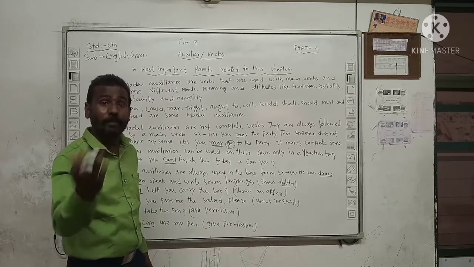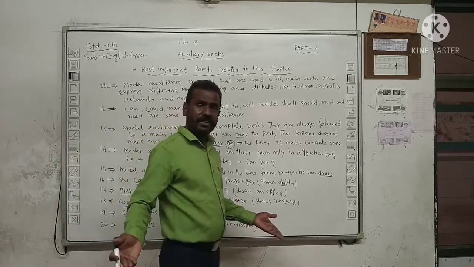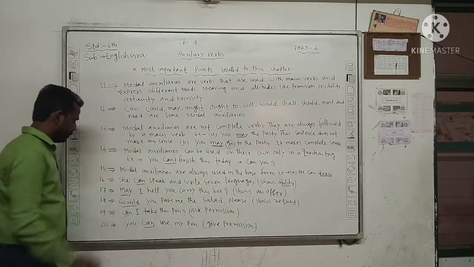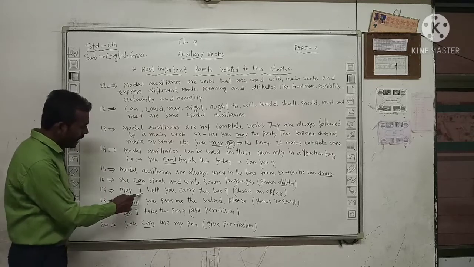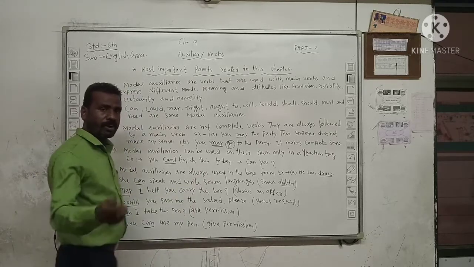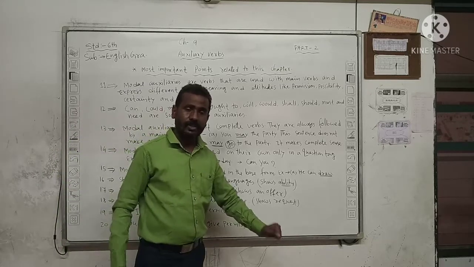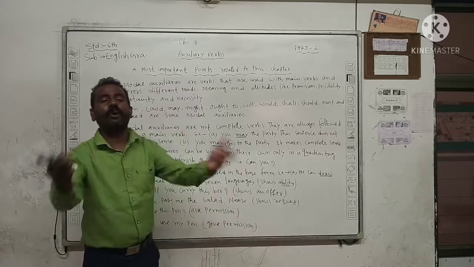So that is her ability. Point number 17. May I help you carry this box? क्या मैं आपको इस बॉक्स उठाने में मदद कर सकता हूँ? It shows an offer. आपको कोई ऑफर कर रहा है.